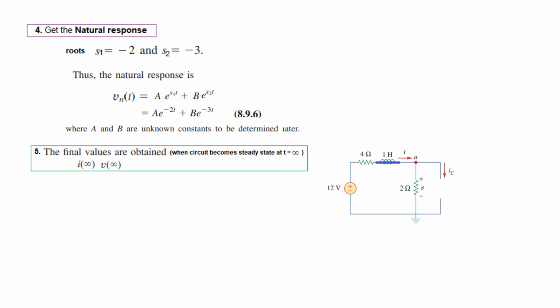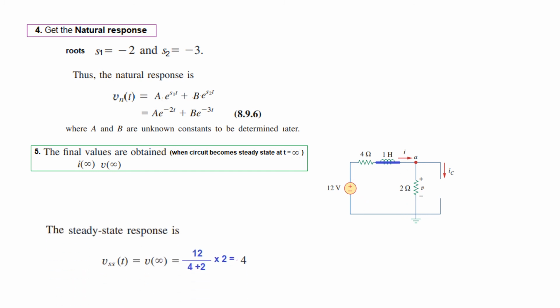Okay. Then we'll obtain the final value, because in the complete solution we need to have a final value. So the final value of I or V we need to find. Now in the final value, what will happen to the circuit? The inductor will become a short circuit and the capacitor will become an open circuit, and we have to find this voltage V. So this is the circuit we have.